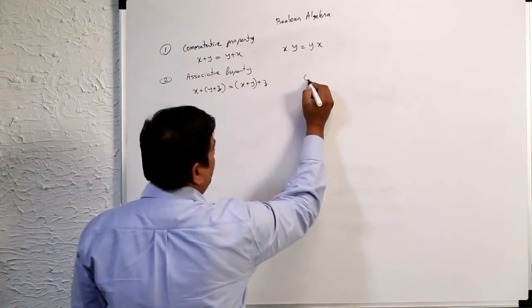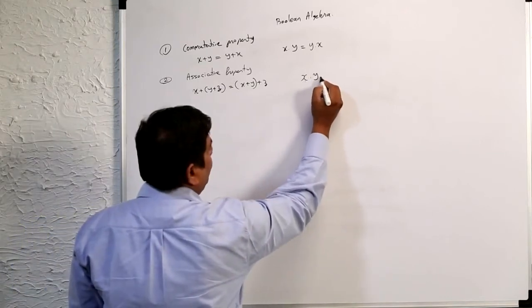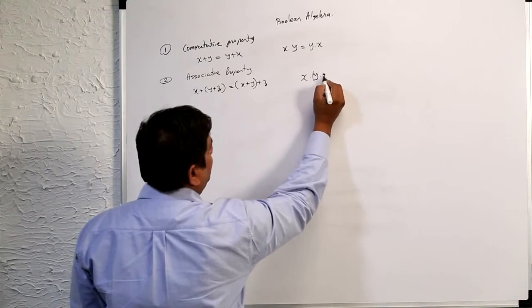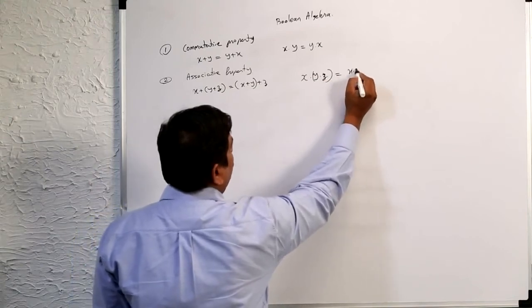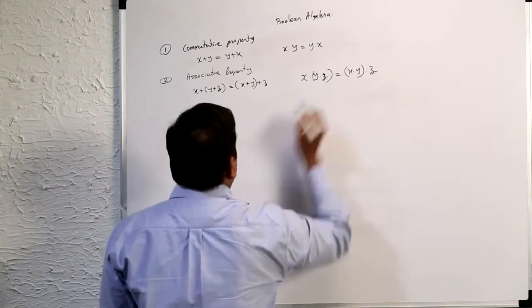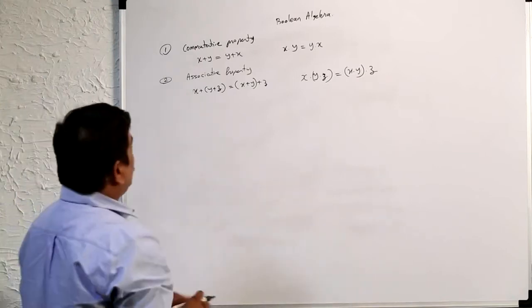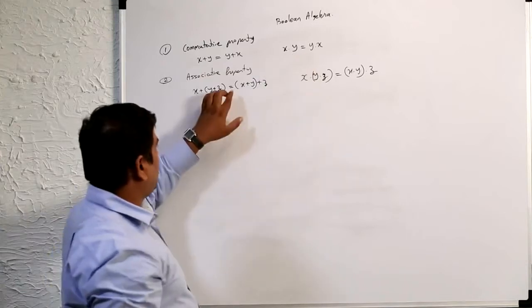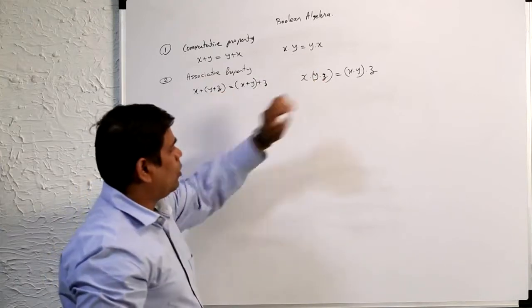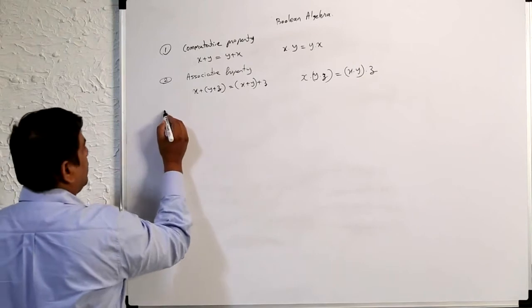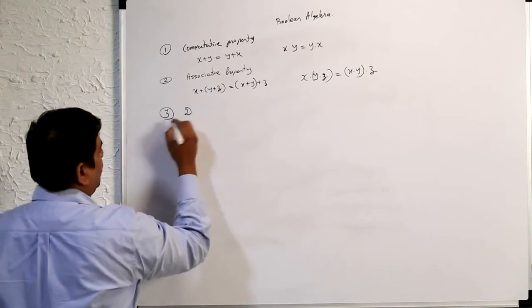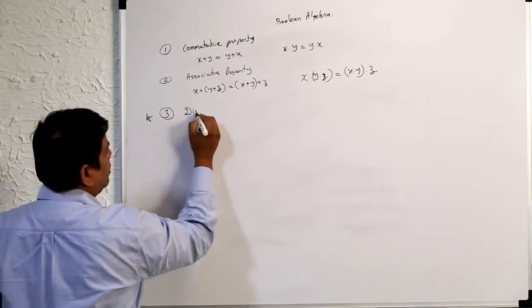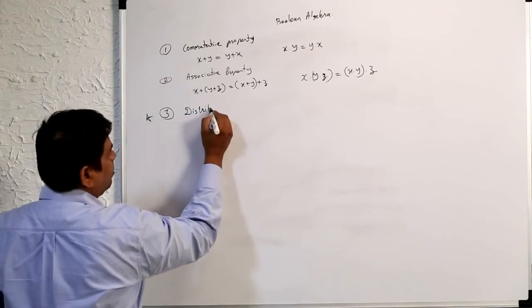And the next one says x dot (y dot z) is the same thing as (x dot y) dot z. This is called commutative property of plus, commutative property of dot, associative property of plus, associative property of dot.